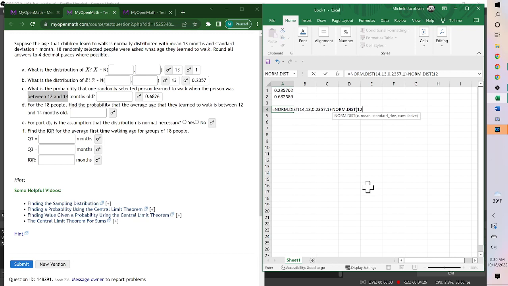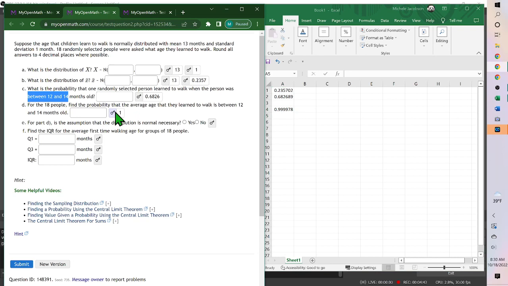The 12, 0.2357, comma, 1. Which this would round to 1. If we're going 4 decimal places, 1, 2, 3, 4, that 7 would round this up, so it would be 1.